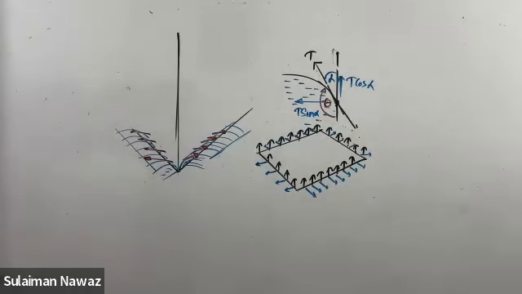Now put your main topic: excess pressure inside a spherical meniscus. Somehow we'll finish the theory as soon as possible.